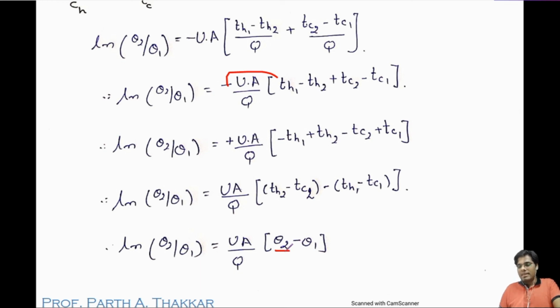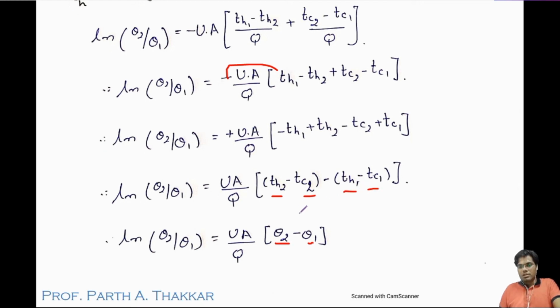So theta 2, which is the temperature difference at the outlet, is Th2 minus Tc2, and theta 1, which is the temperature difference at the inlet, is Th1 minus Tc1. So after replacing Th2 minus Tc2 as theta 2 and Th1 minus Tc1, the temperature difference at the inlet, as theta 1, we will get this equation.